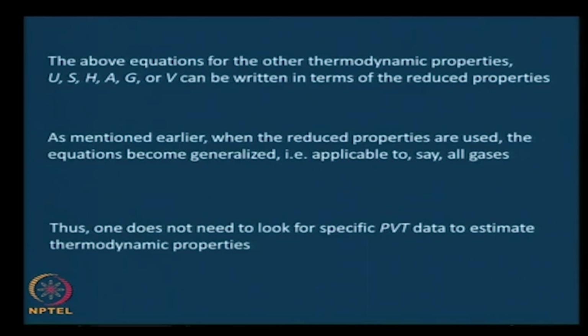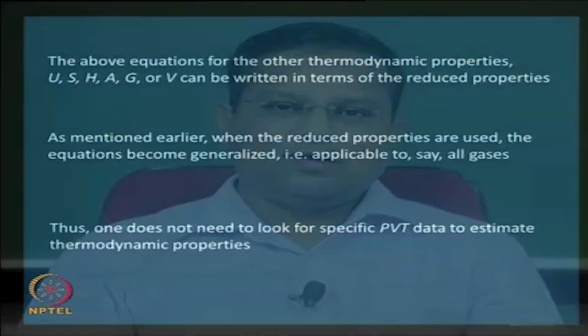So, essentially what we have done so far is to look at generating the not so easy to measure thermodynamic variables U, S, H, A and G from easily measurable quantities, but we focused on G to begin with. We got G in terms of the easily measurable properties, then we got everything else.